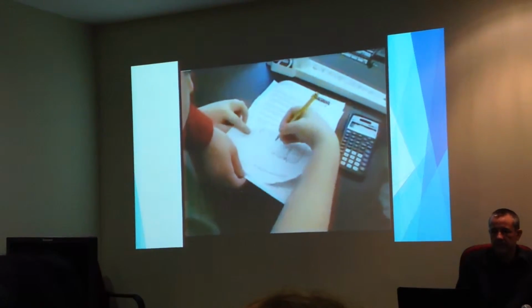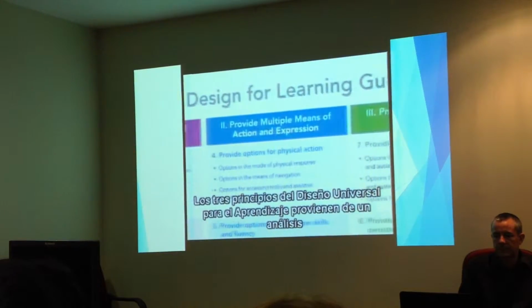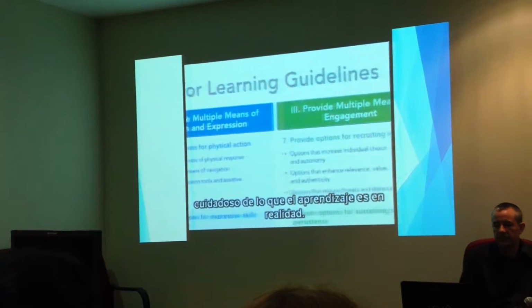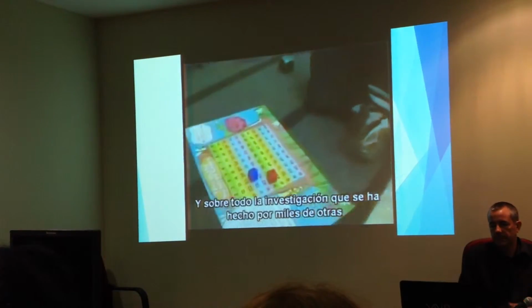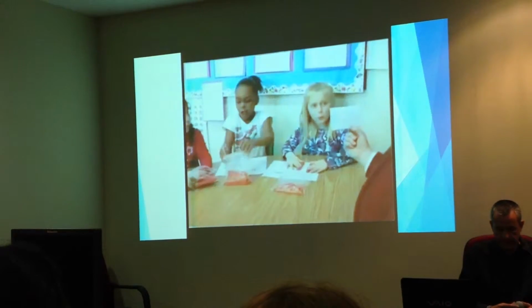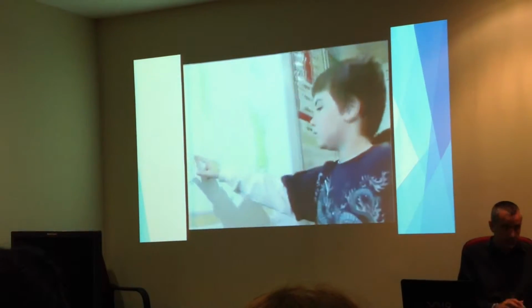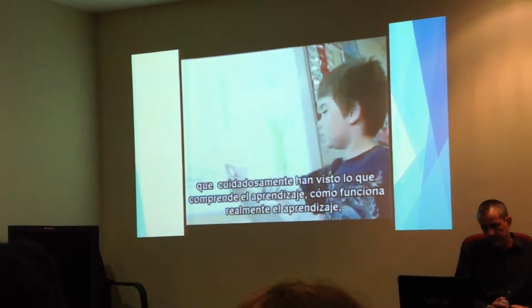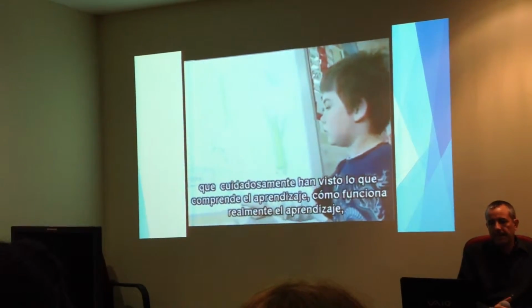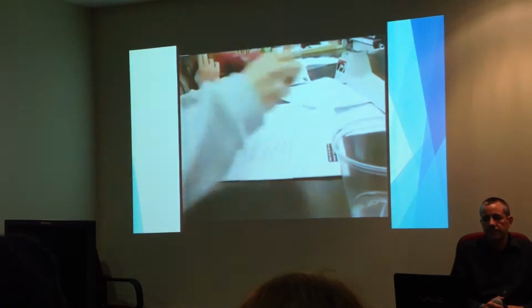everybody learns. The three principles of universal design for learning come from careful analysis of what learning really is, and particularly the research that has been done by thousands of other researchers in cognitive science, cognitive neuroscience, neuropsychology, which have carefully looked at what comprises learning, how does learning really work, and what are its differences among individual learners.